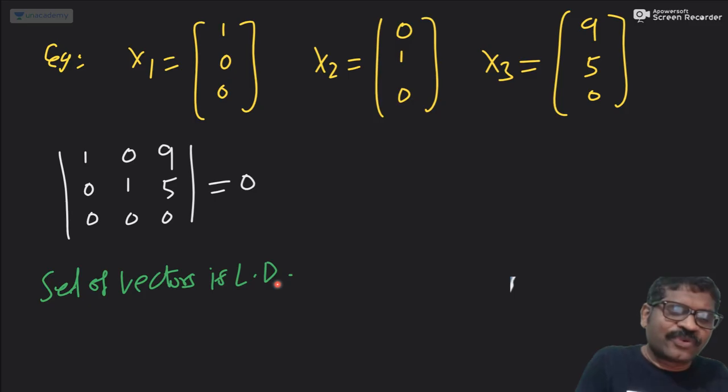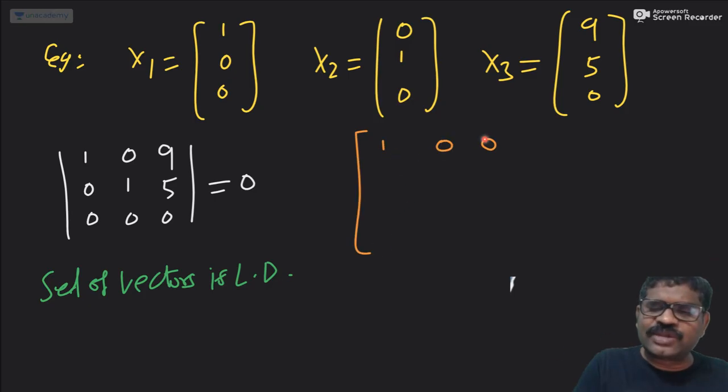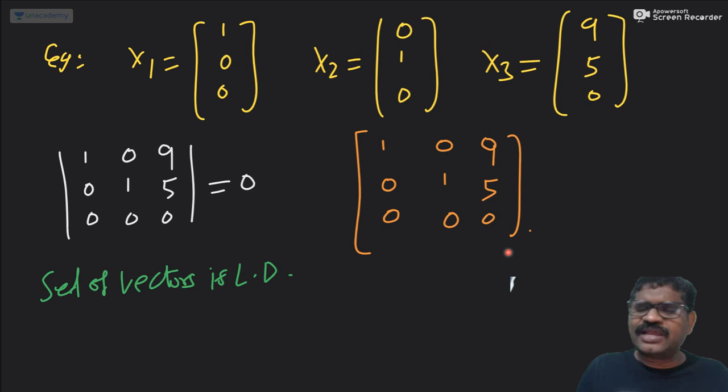Now, if you calculate rank in this case, 1, 0, 0, 0, 1, 0, 9, 5, 0. Is it in echelon form? Yes. Rank of A is 2.